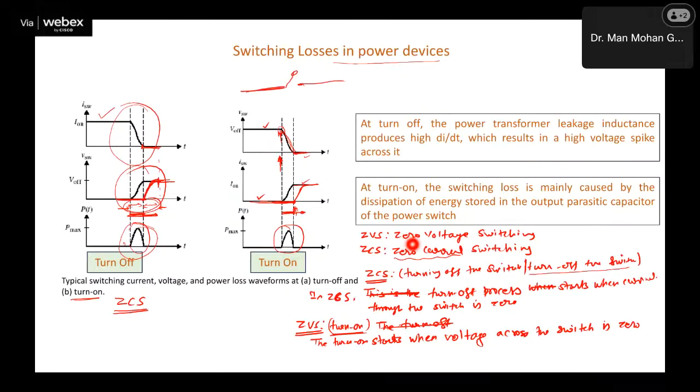We are talking about this voltage and current, which are basically the current and voltage in this switch itself.